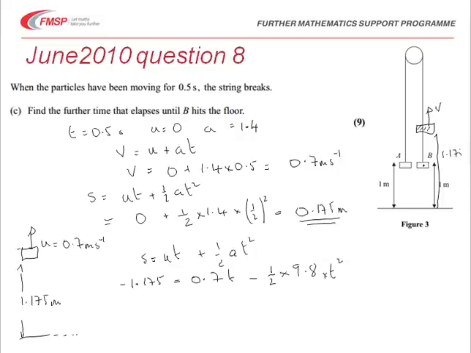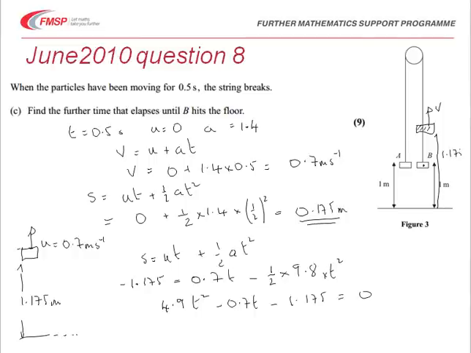This gives a quadratic, which is 4.9 t squared, that's from the last term on the right hand side, minus 0.7 t, and minus 1.175 is equal to 0. The value of t then can be found by using the quadratic formula.